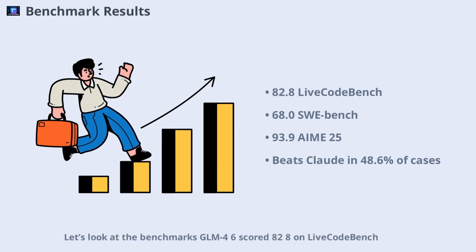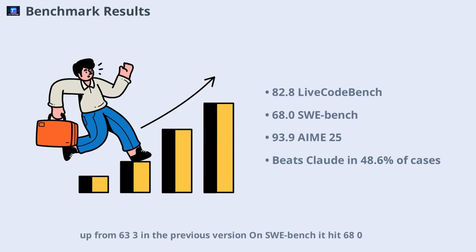Let's look at the benchmarks. GLM 4.6 scored 82.8 on LiveCodeBench, up from 63.3 in the previous version. On SWE-bench, it hit 68, and on AIME25, it reached 93.9, and 98.6 with tool use.